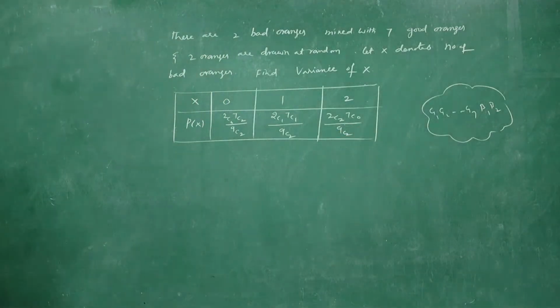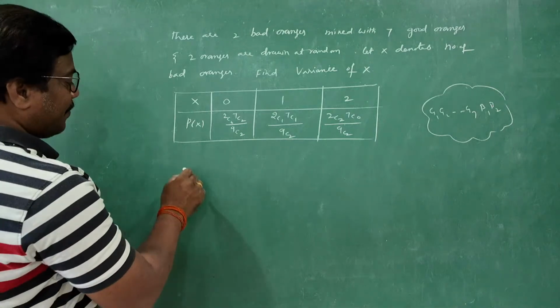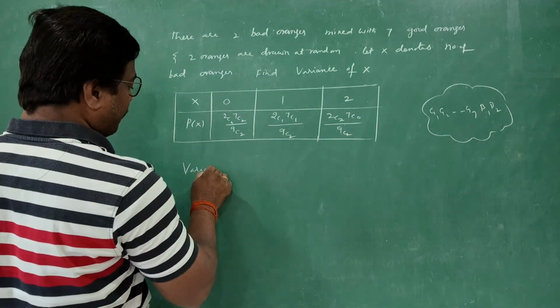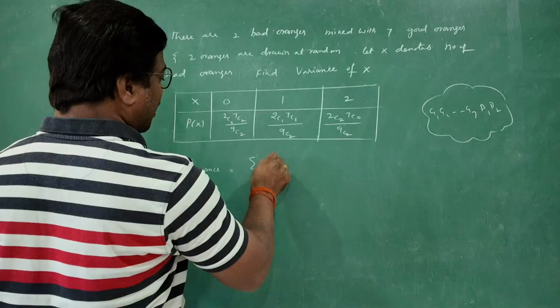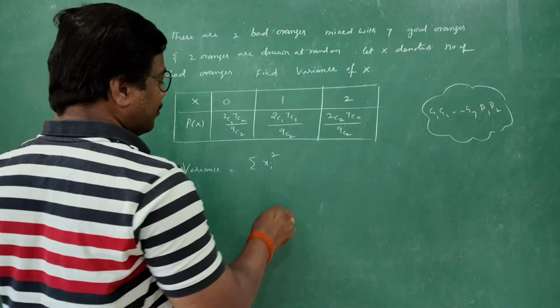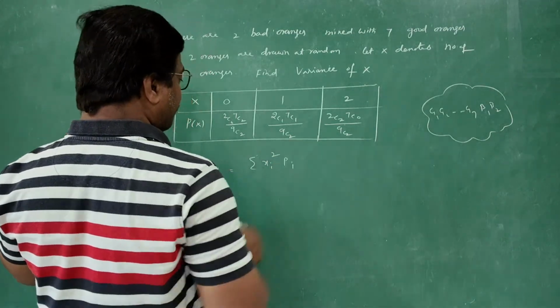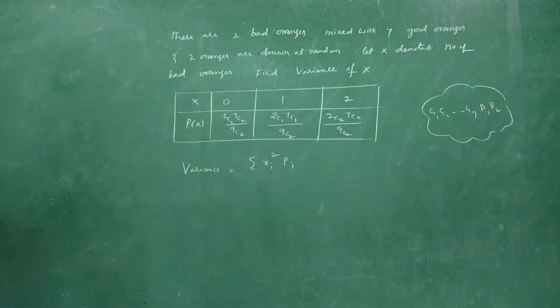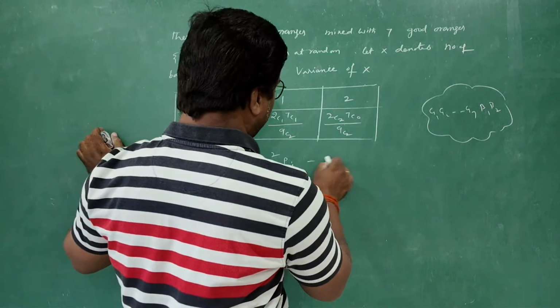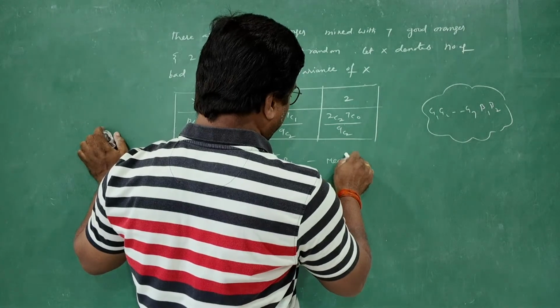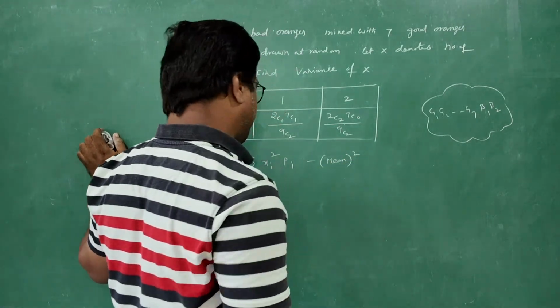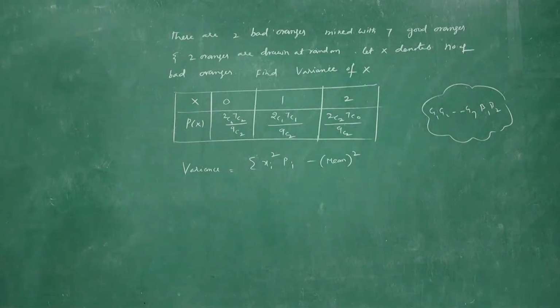Now you have to write variance formula. What is variance formula? Summation xi square into pi, right? Variance, minus mean square, right?